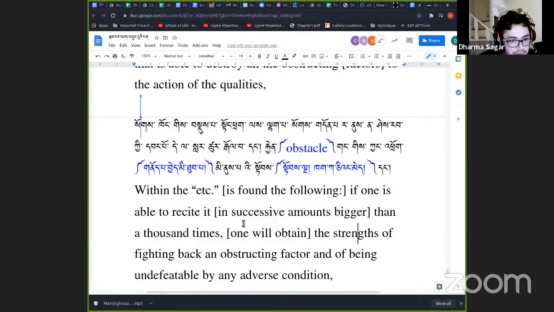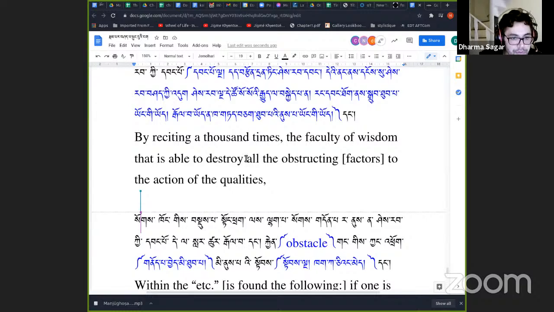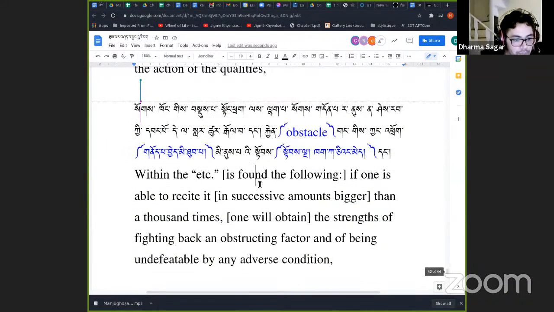Okay, so we're going to talk about the strength of fighting back an obstructing factor. Here, the fighting back is literally what is said, but I don't know if that's the metaphor that we want to keep in the translation or not. This you will see. This goes together with the obstructing factor. So something makes an obstruction and you fight back. Okay.